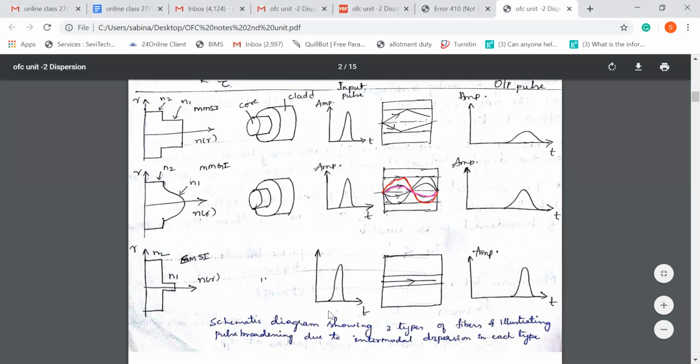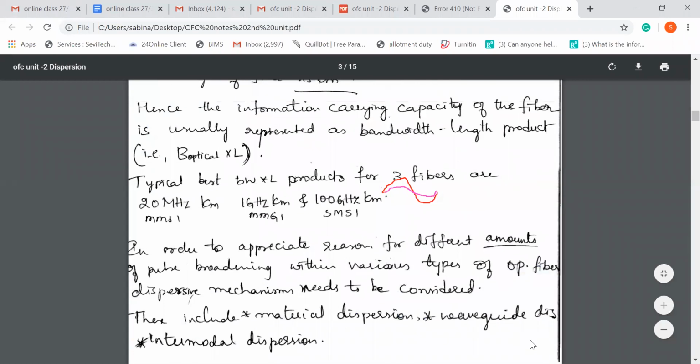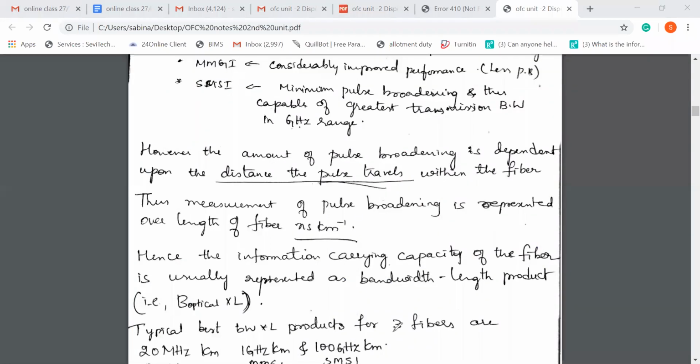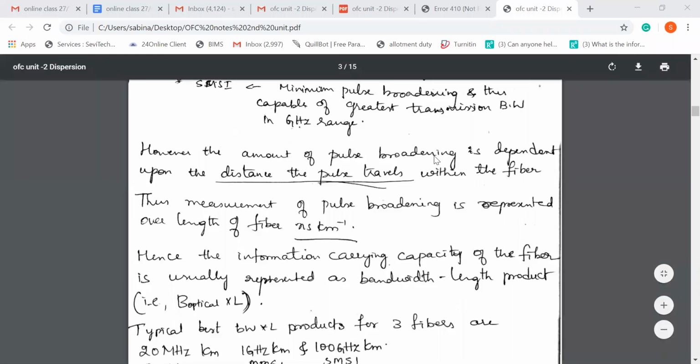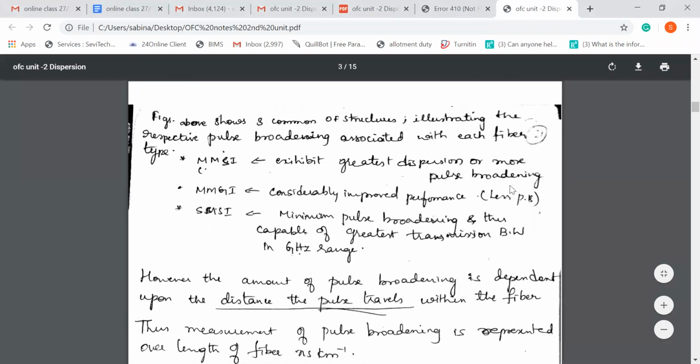So these three types of fiber illustrate the pulse broadening due to intermodal dispersion in each type. Some comparison they have given.